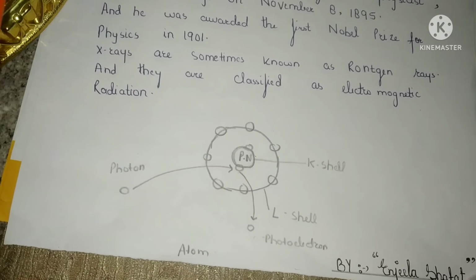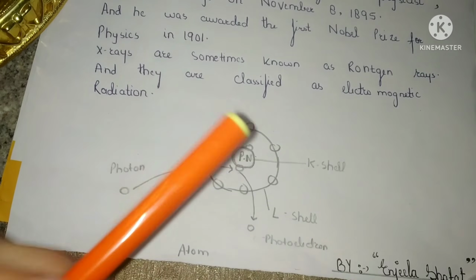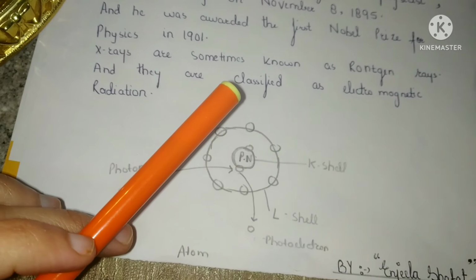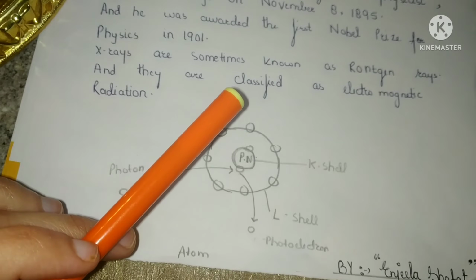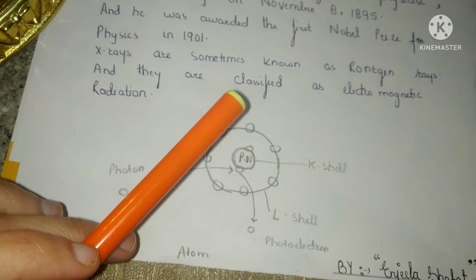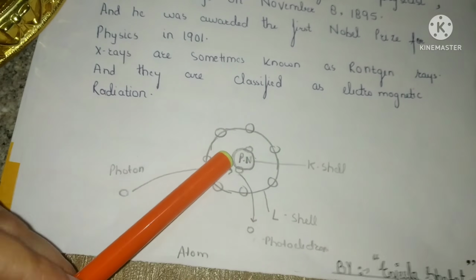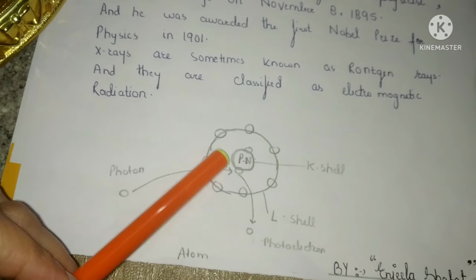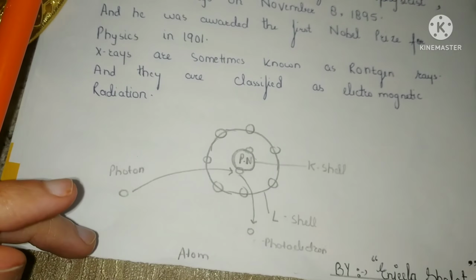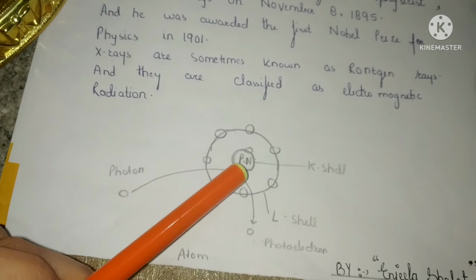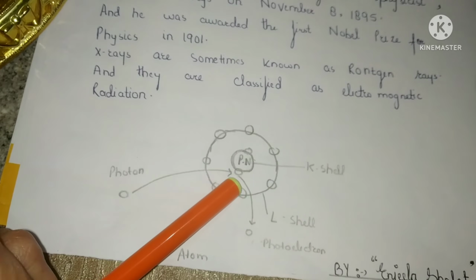Let me remind you that the K shell electron has low energy, because of the energy of protons and neutrons inside the nucleus, the K shell electron gets its binding energy. Otherwise, it has very, very low energy. So now what happens when the L shell electron starts to get adjusted in the K shell?